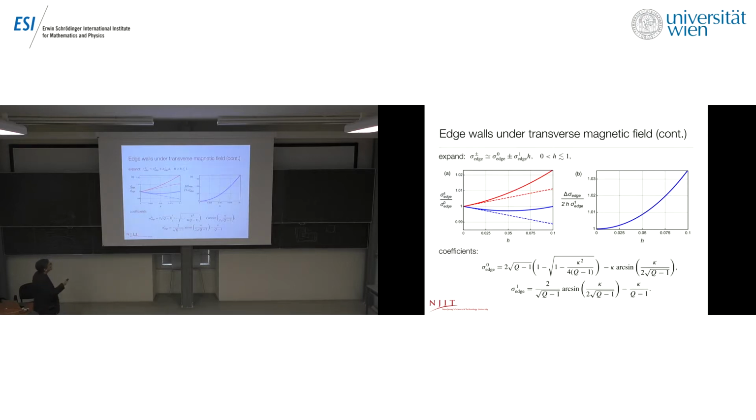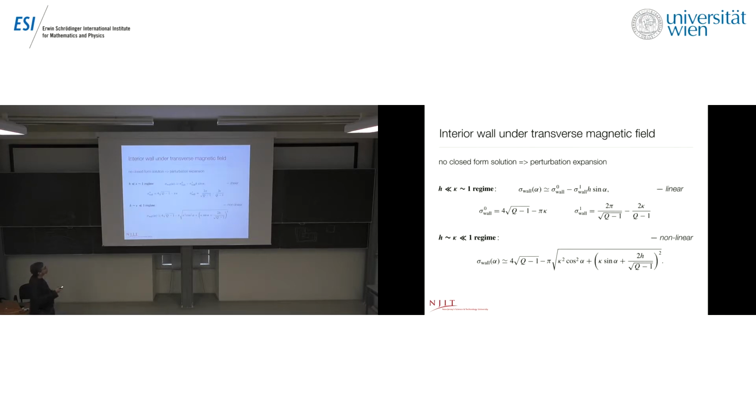Okay, now for the interior walls, things get a little more complicated because there's no way to solve the Euler-Lagrange equation for the one-dimensional domain walls because it's still vectorial. So we can't integrate. Nevertheless, we can resort to perturbation expansion. So there are two regimes here. One is that the field is small compared to everything else.